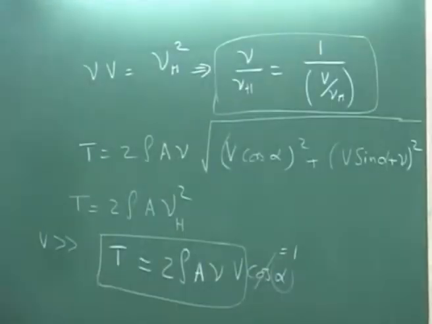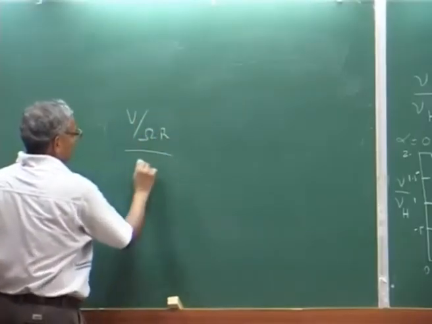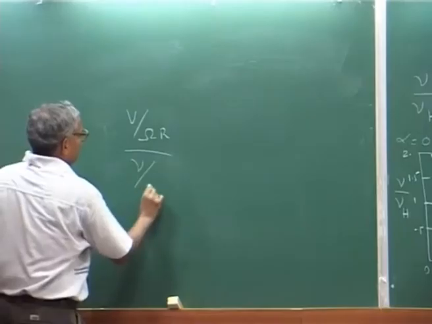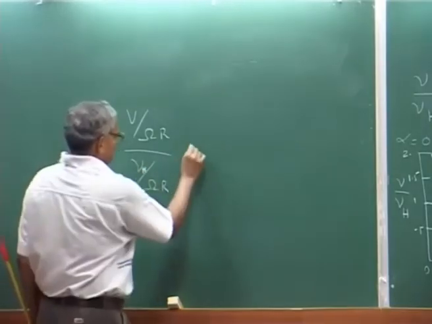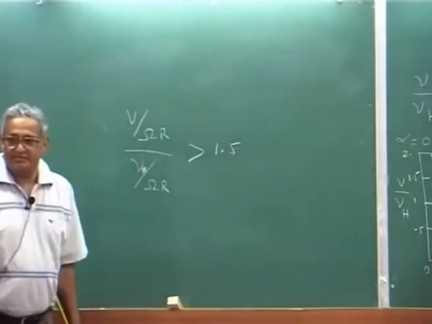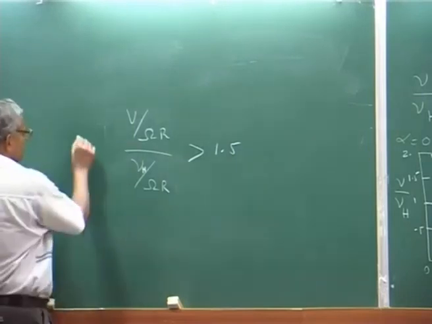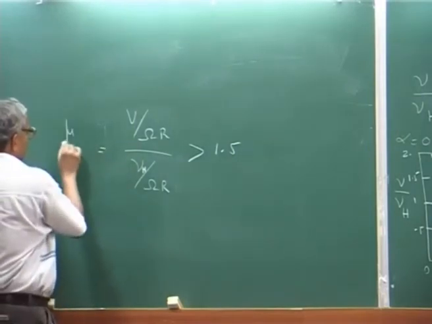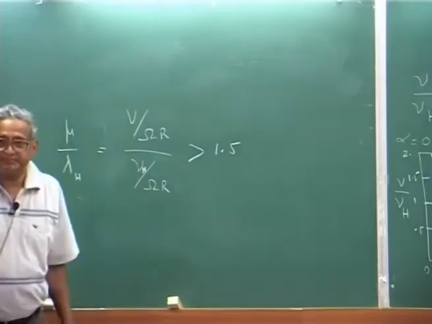Non-dimensional quantity you will have V over omega r, okay. This is nothing but approximately, you take it, this is V cos alpha, alpha is 0 we have taken. So, this is basically mu over lambda.